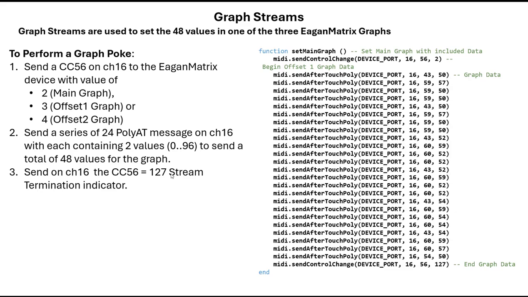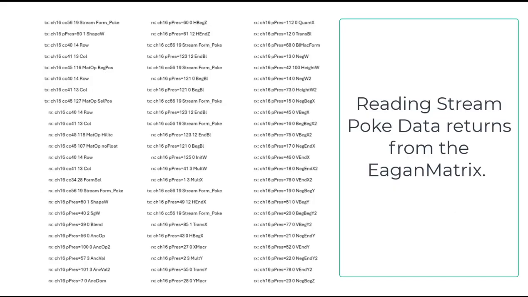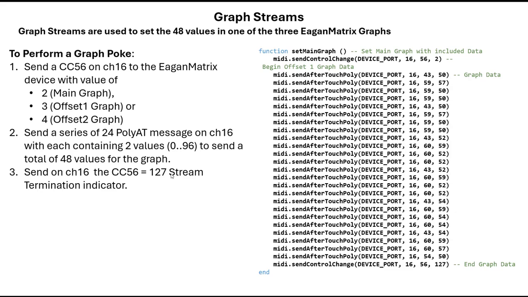Those are the basic functions that will be used to create your overlays. The only thing we need to discuss in more detail is reading MIDI streams from the EaganMatrix. Let's say you want to read the system presets or the user presets and display them. Let's say you want to read the tags that are associated with your macro controllers and you want to display them.